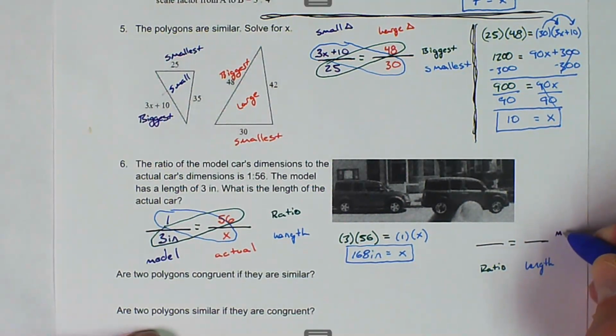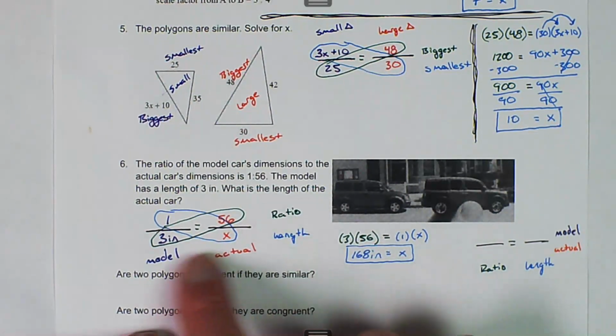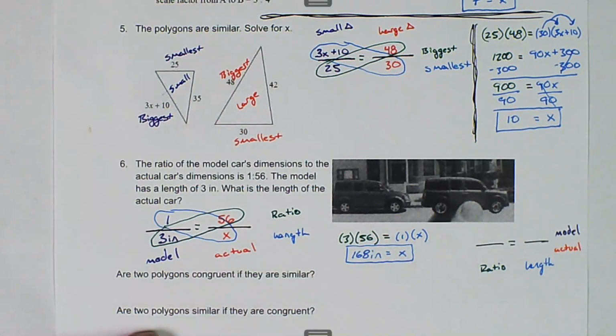Let's say the model goes in the numerator and the actual goes in the denominator. Now this is just another way to do it. So we can see that we kind of switched where our units go.